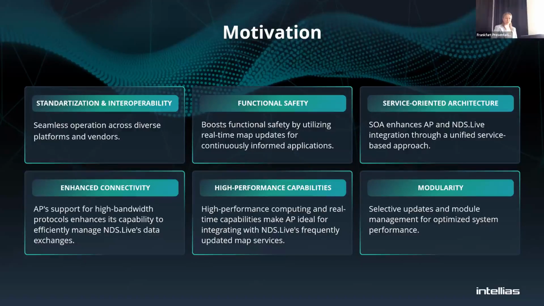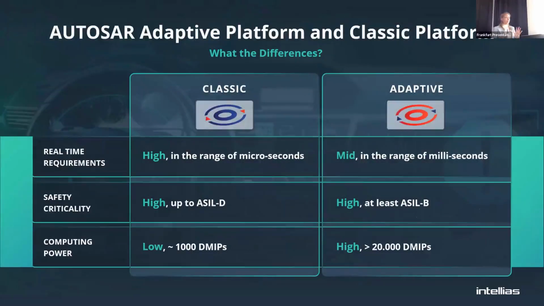I'm referring a lot to adaptive AUTOSAR, so maybe a quick overview of what AUTOSAR is and what classic and adaptive are. AUTOSAR is a worldwide partnership established by leading car manufacturers and suppliers with the goal to create a unified software infrastructure for automotive systems.